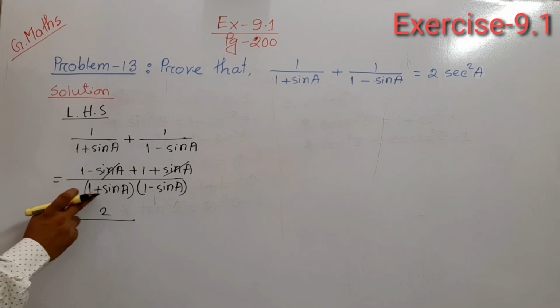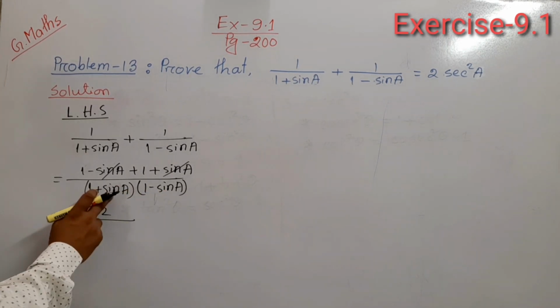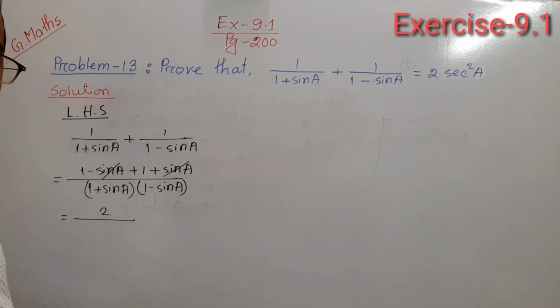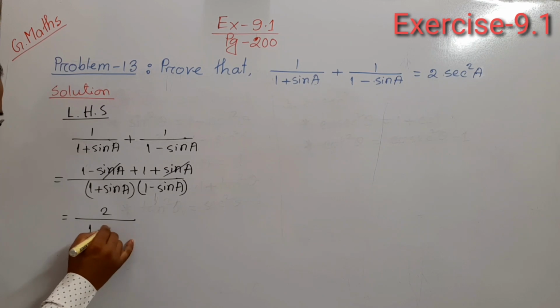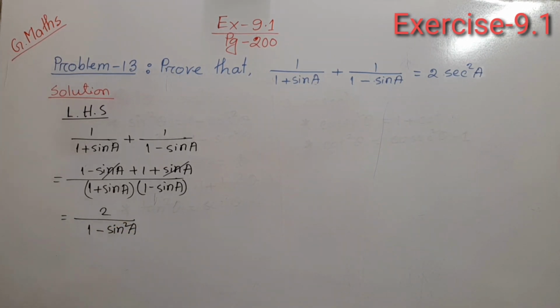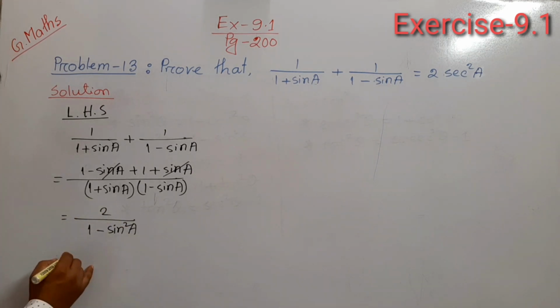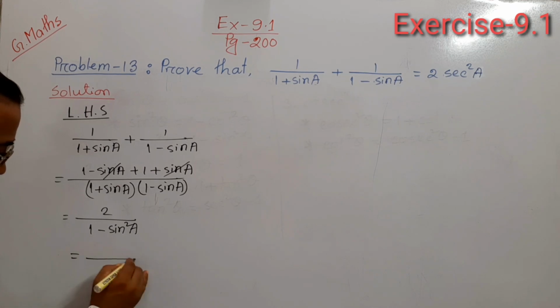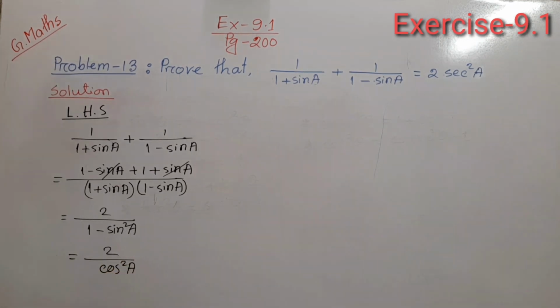It is 1 plus sin a into 1 minus sin a, that is a plus b into a minus b. So we can write it a square minus b square. A square means 1 square, that is 1, minus b square means sin square a. So it will be 2 by cos square a. We know 1 minus sin square a is equal to cos square a.